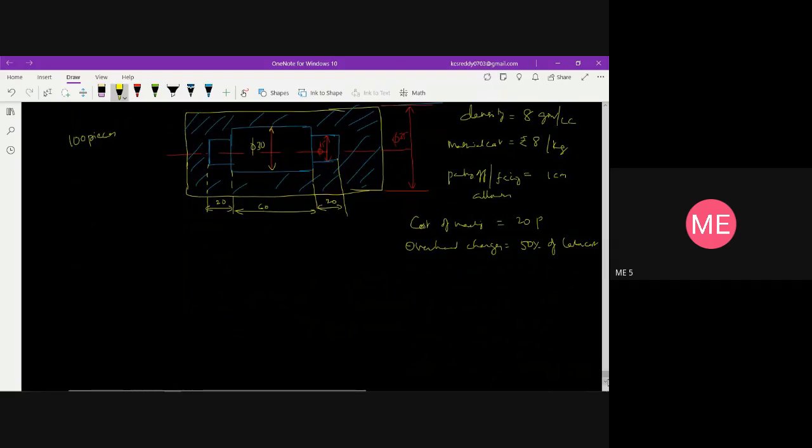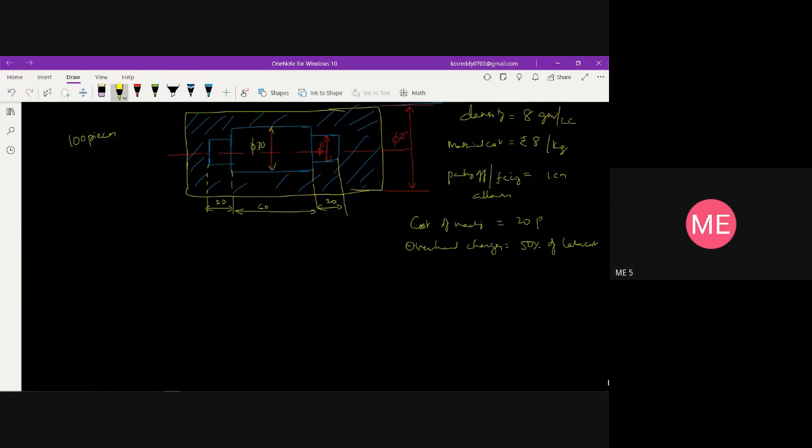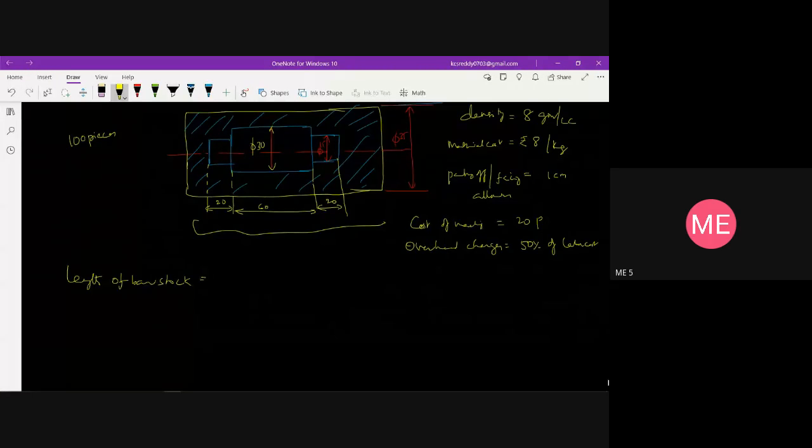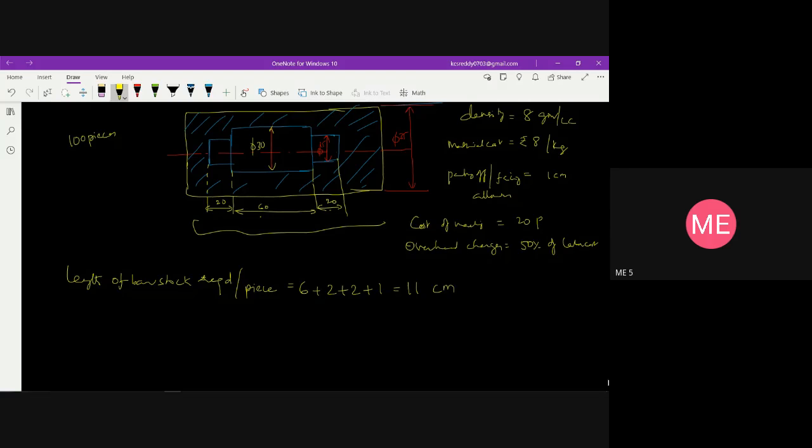So the total length of the bar, which is required per piece, including 1 centimeter for parting, this is the piece which I want to make. So I have taken 6 plus 6 centimeter plus 2 centimeter plus 2 centimeter plus allowance, which is taken as 1 centimeter. Put together I'll be getting 11 centimeter.